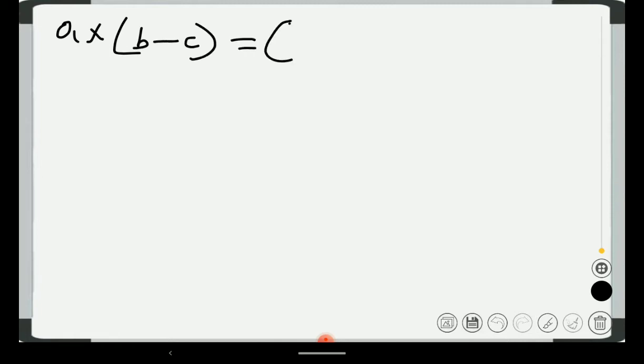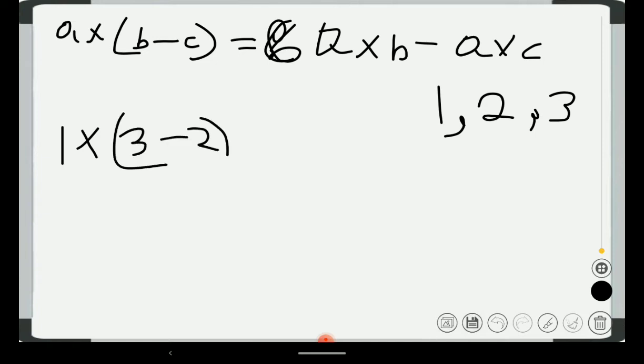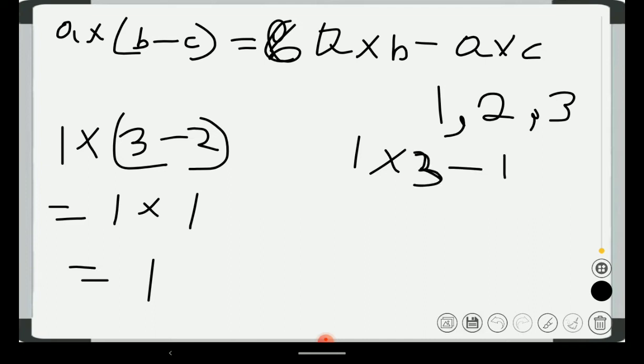Now let's look at the second type, that is a into b minus c is equal to a into b minus a into c. Let's take the three numbers 1, 2 and 3. Now 1 into 3 minus 2, which is equal to 1 into 1, which is equal to 1, and 1 into 3 minus 1 into 2, which is equal to 3 minus 2, which gives us 1.